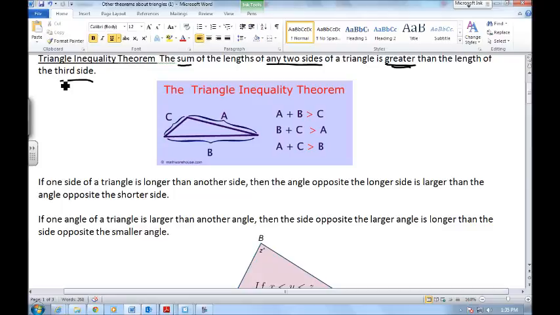Okay? So here's a picture of a triangle. A plus B, if you add those two, doesn't equal C. It will be greater than C. Or you can pick any other two.